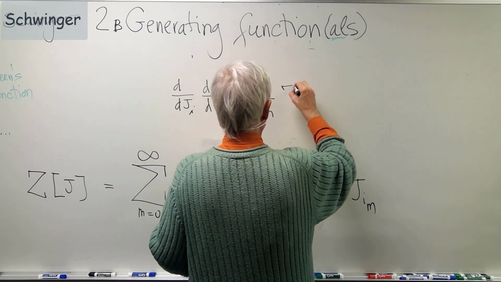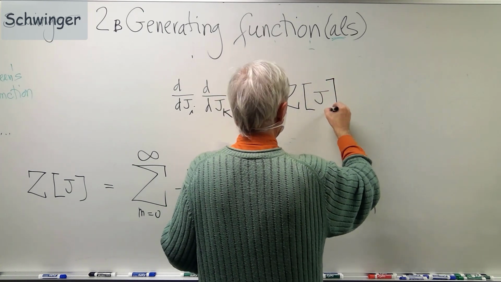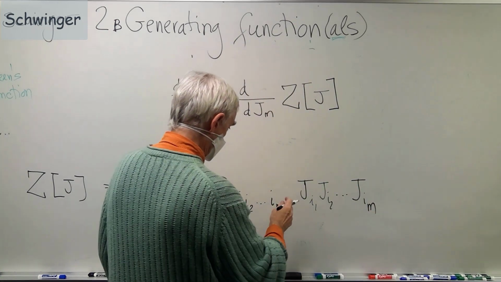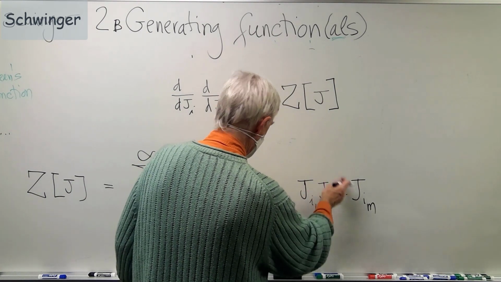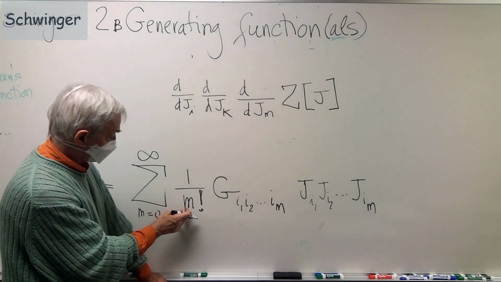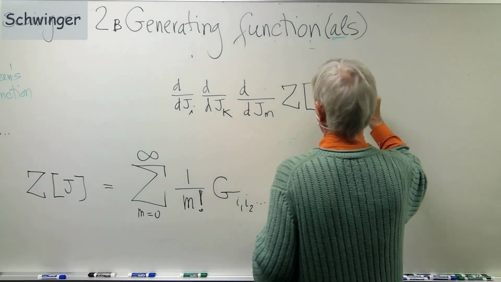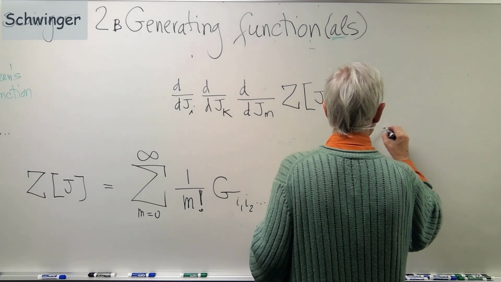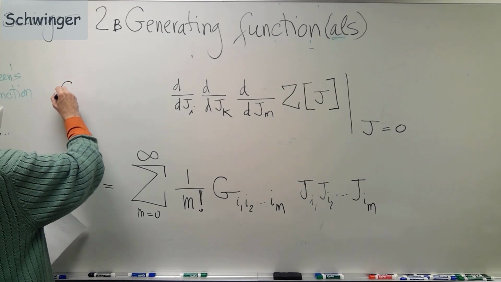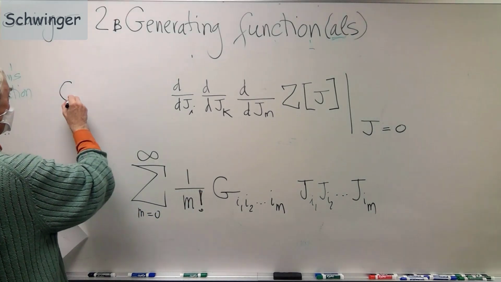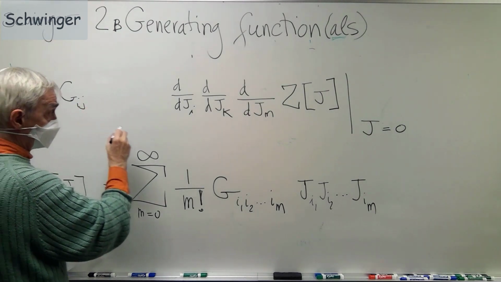Now, you might think that because I'm summing over everything, I've lost some information, but that's not so. If I now start taking derivatives of the generating function, and after having taken the derivative, set all sources equal to 0, what I get back precisely is that original Green's function.